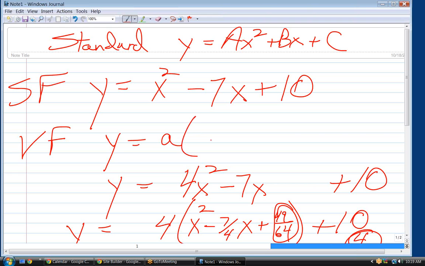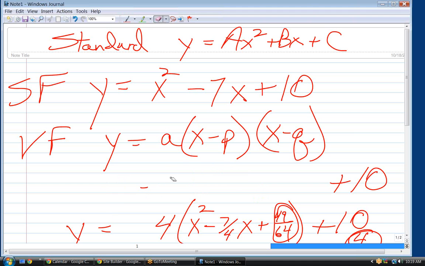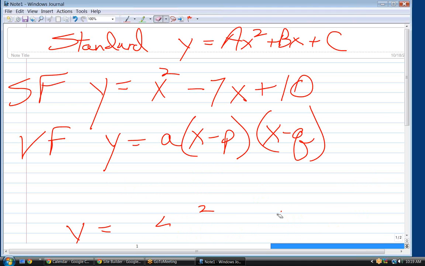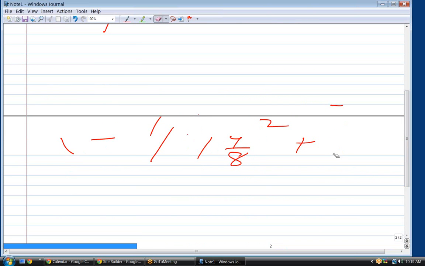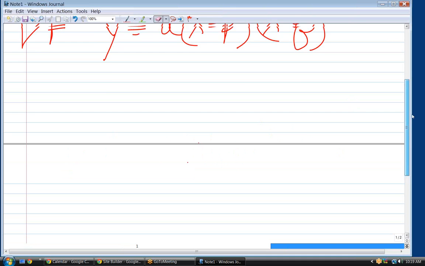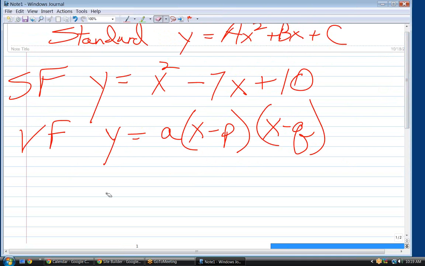Now, when they gave you x-intercept format, do they use different letters? They do, don't they? Don't they use P and Q? Yeah. Okay. This is an easy one because it happens to factor.